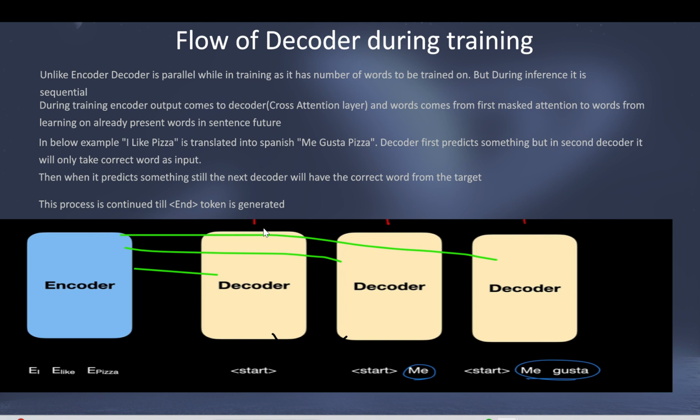One decoder will generate some output, like after start, it can have lay or me or something else in Spanish. And this other decoder block won't have the input from the previous decoder. It will have the correct input and the input from the encoder block. And this last decoder will also have the correct input of start, me, and Gusta, and the input vectors from the encoding block, meaning proper embedded vectors from the encoder block.